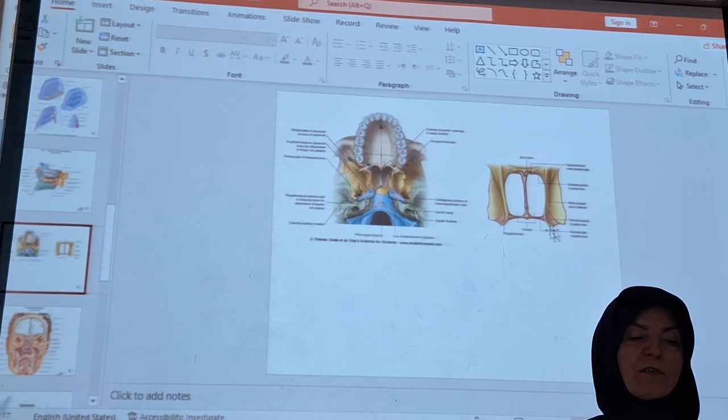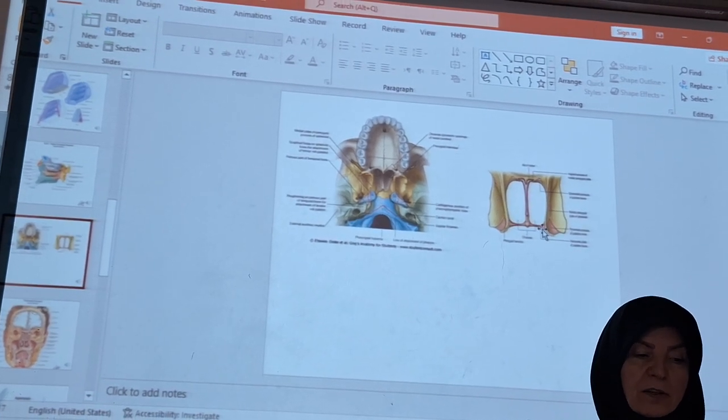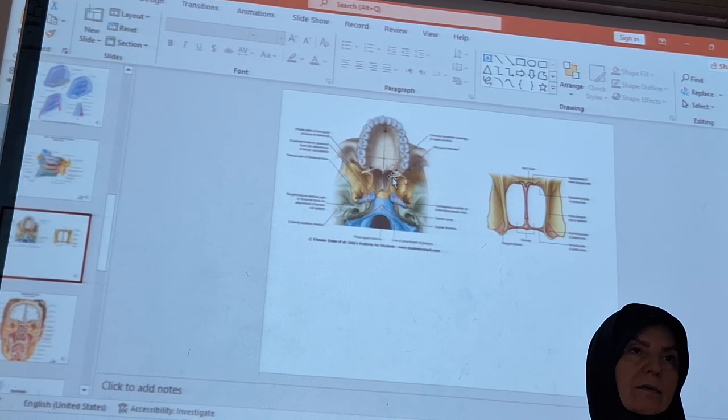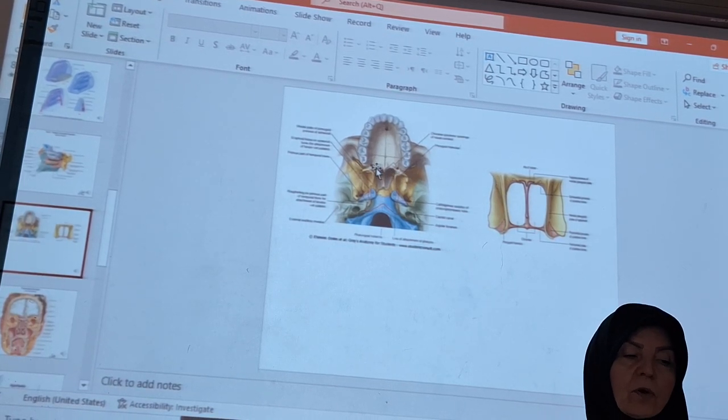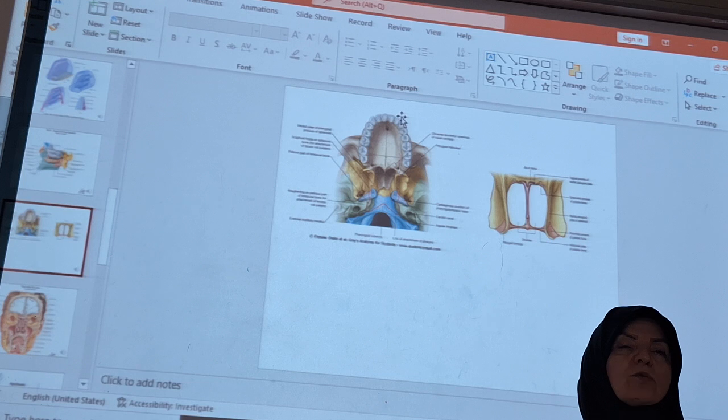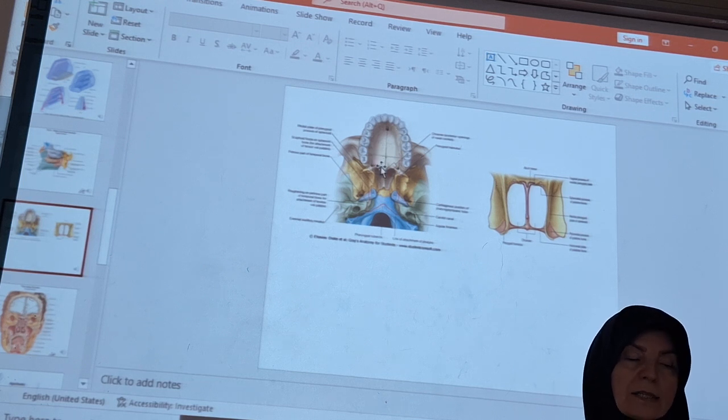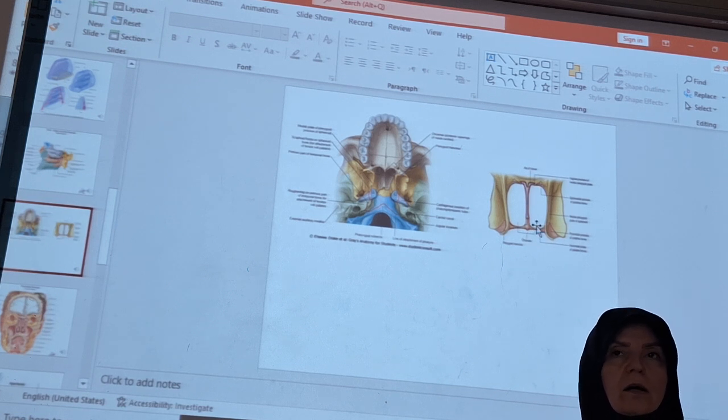Now in this picture we rotate. This palatine bone comes here. I put this picture to show you that the horizontal plate of the palatine posteriorly is going to form the inferior boundary of the choana. Can you imagine?